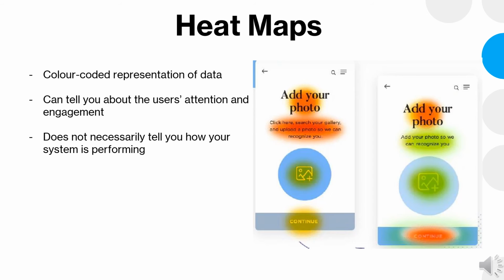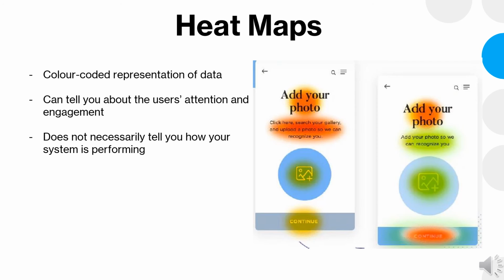Heat maps can tell you a lot about your users' attention, where they are focusing their attention when they visit your website, or the content that your users find most interesting, whatever the case may be.